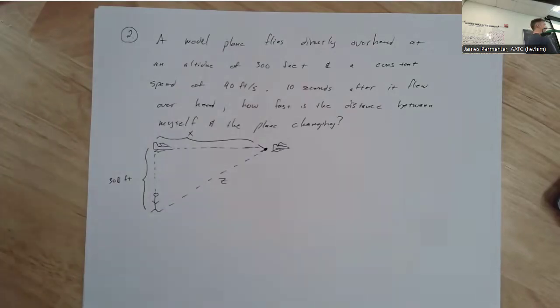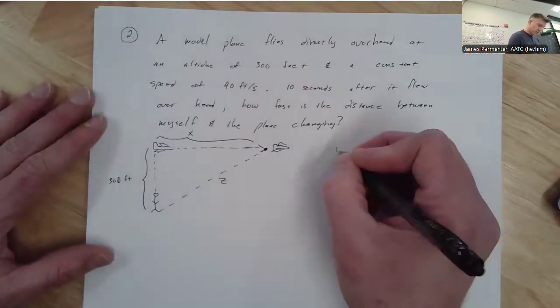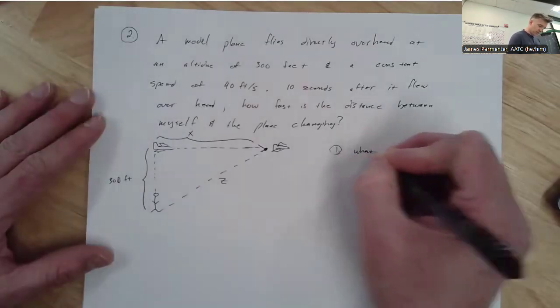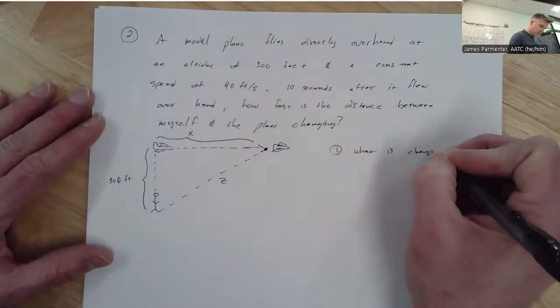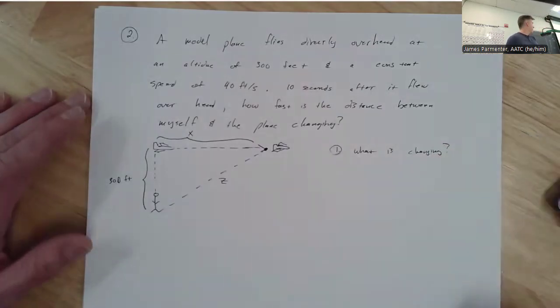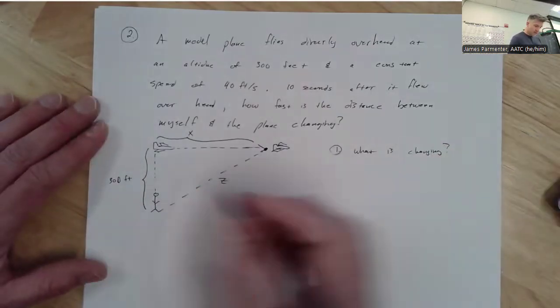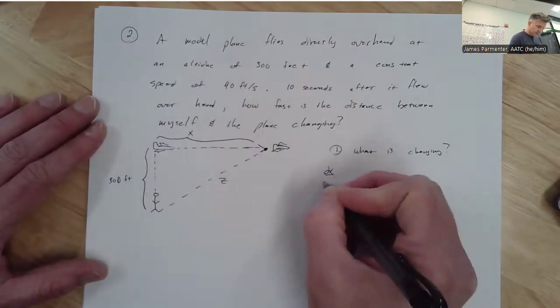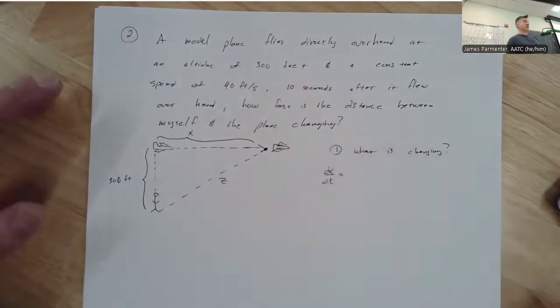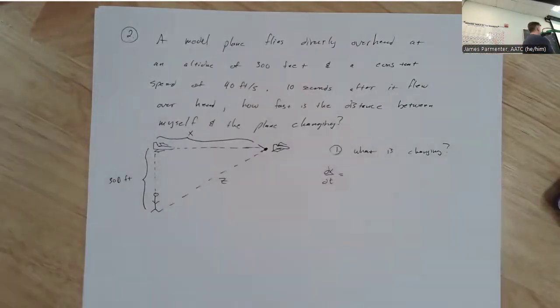Now it's our job to identify those things and write down some rates of change. So, what's changing? Well, two things. x, obviously, dx/dt, the rate of change that the plane is moving away from me at. Well, they told us, right? It was 40 feet per second. Is it positive or negative?